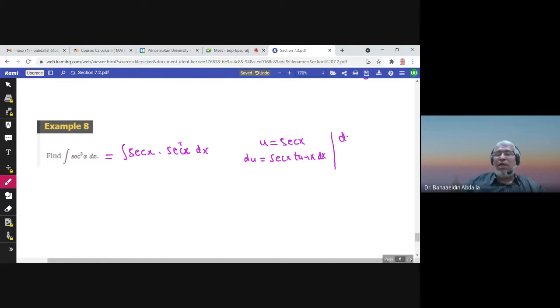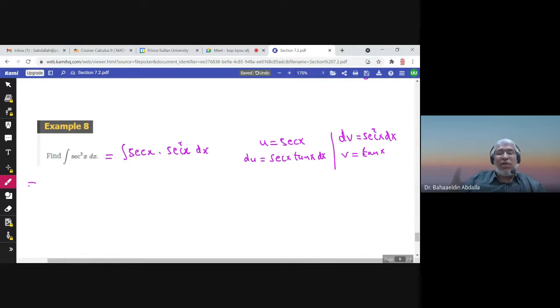And I take dv as secant squared x dx, and the integral of secant squared is tan because the derivative of tan is secant squared.